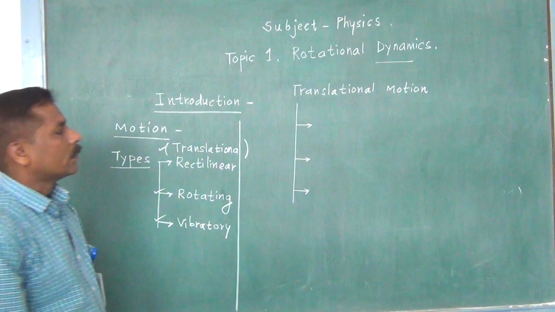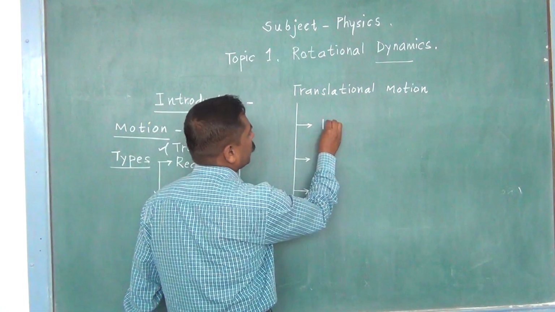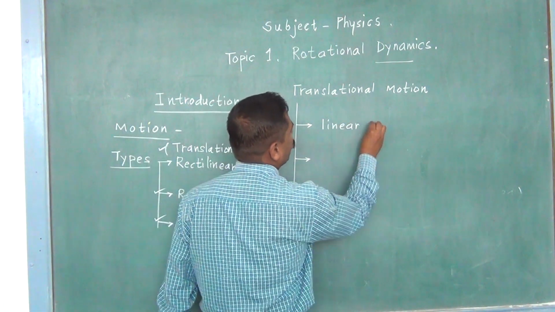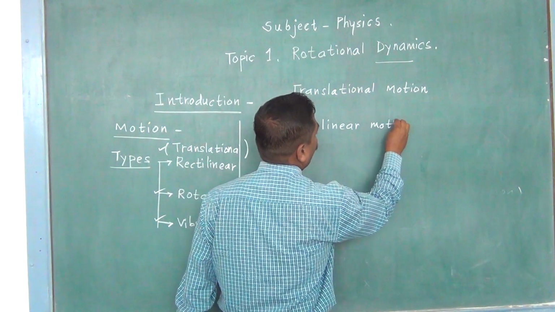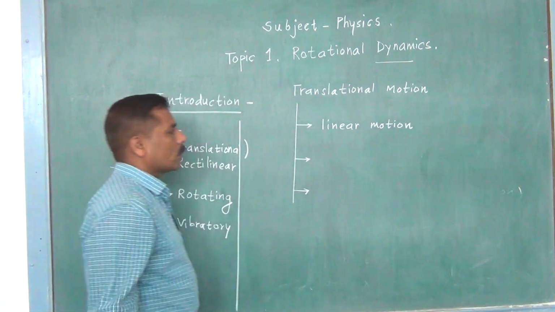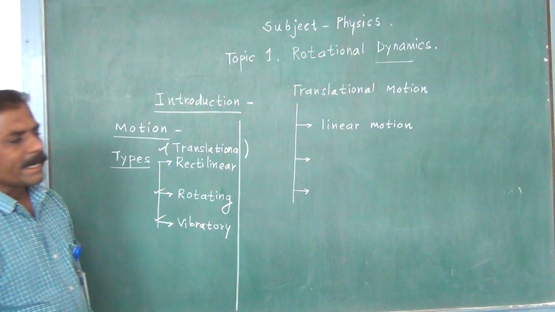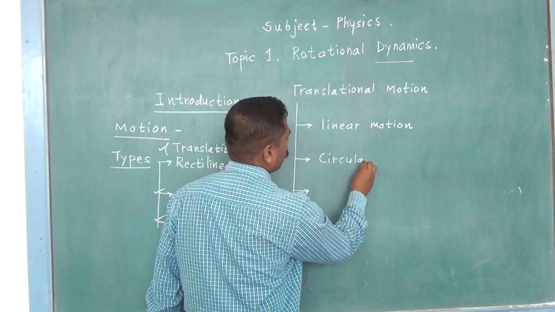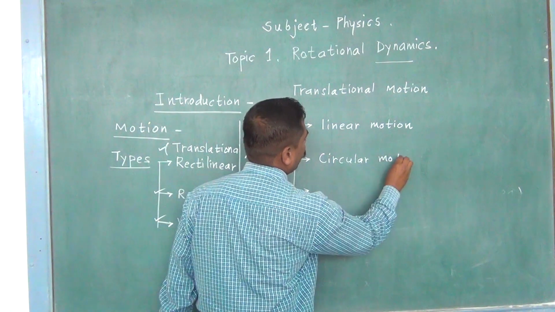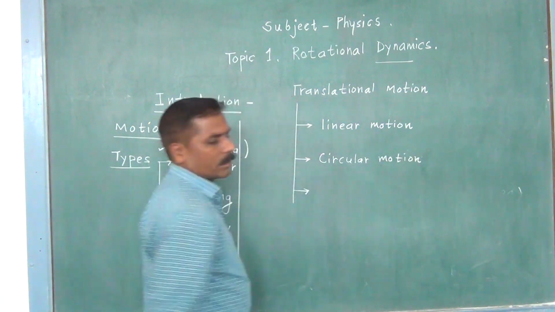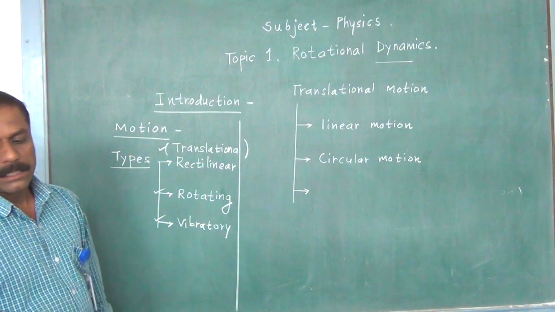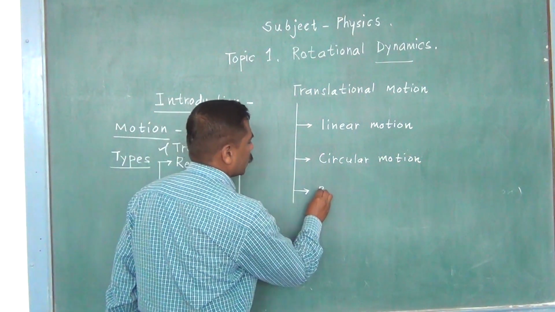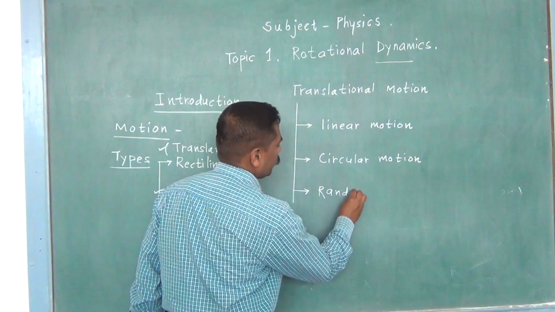Translational motion: first is called as linear motion. Second is circular motion. And the third one is called as the random motion.